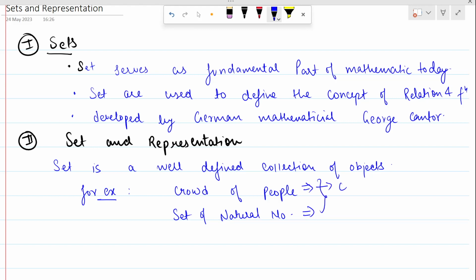Crowd of people is a collection of objects, whereas set of natural numbers is a set. This is a collection because it is not well defined. As per definition of set, we can only call a collection a set if it is well defined. So set of natural numbers is well defined, hence we call it a set.